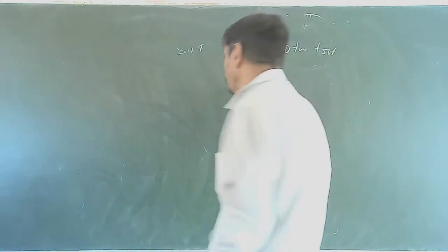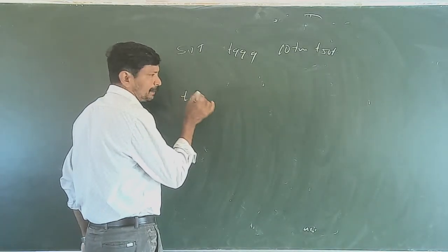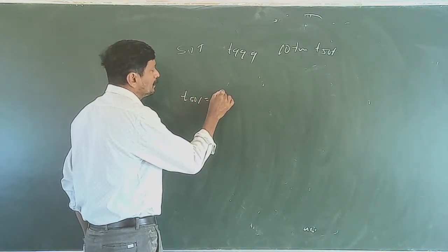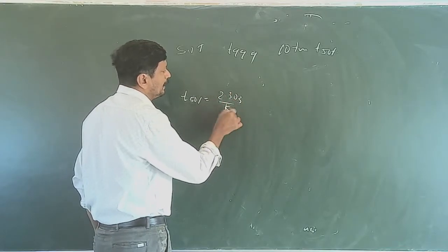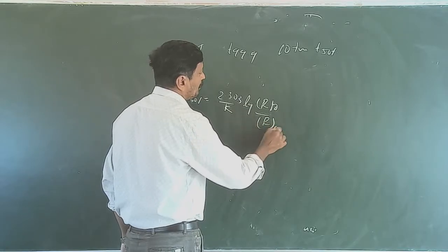So, how do you show it? You know what T 50% is. T 50%, or half life period, is equal to 2.303 by K log of R naught divided by R naught by 2.